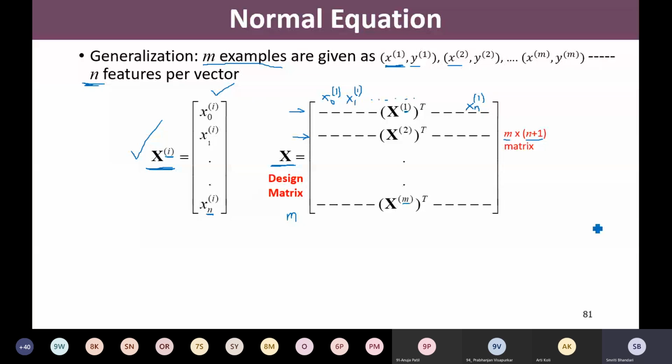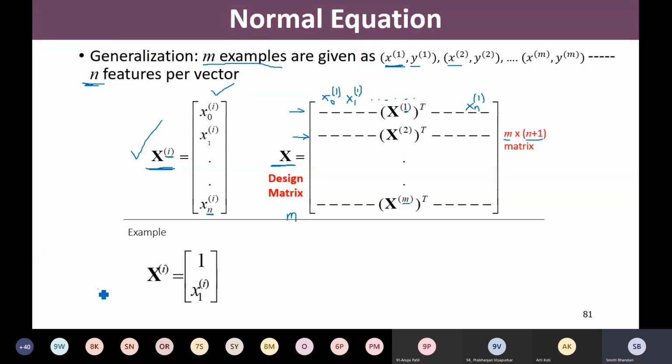Yes, ma'am. Fine. So let me give you one simple example. Let us assume that we have this xi, the feature vector for the ith example, and that we have only one feature. This is the x0 that we have added, and as we have stated, x0 will always be 1.